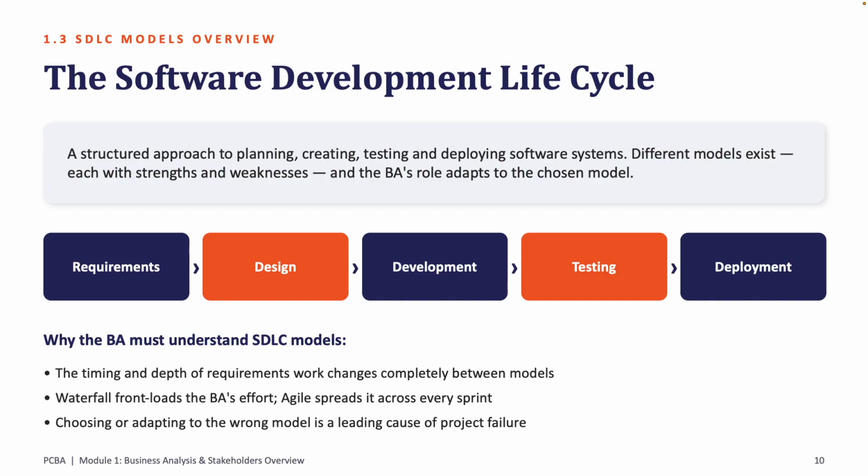It is a structured approach to planning, creating, testing, and deploying software systems. Different models exist, each with strengths and weaknesses. Under that we'll see the various types of models, their strengths and weaknesses, and when you can use a certain model and not another.